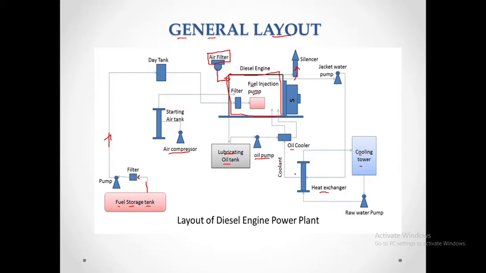Normally we know that there are two types of cooling, air cooling and water cooling. Here water will be used as the coolant, and oil will be used for lubrication purposes. So this is the general layout of the diesel engine power plant. There are so many components, so the maintenance cost here will be very high.